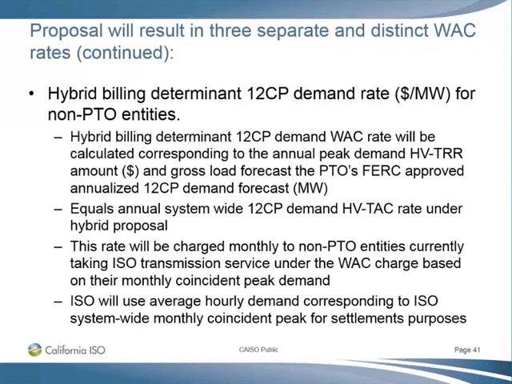But that is really the reason why we're also saying we need to adjust this treatment for the wheeling access charge to align with the rest of this proposal, so that we at least can capture how much they're really contributing to the coincident peak demand, even if it is at that netting amount of the load that gets that treatment. So that's really the reasoning behind that position on the proposal ultimately.